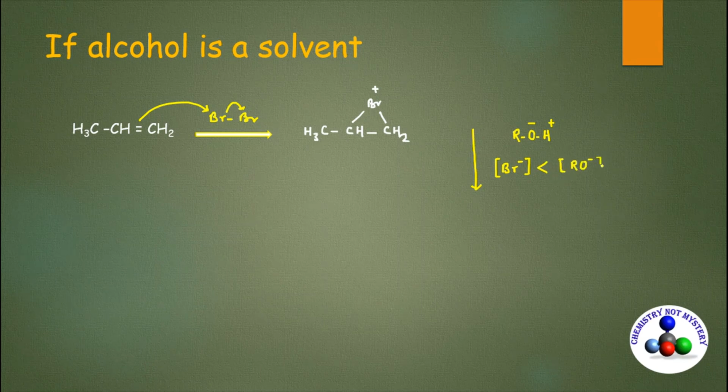As we are using alcohol as a solvent, RO minus will be in higher concentration. So it will react with the bromonium ion as a nucleophile. And according to Markovnikov rule, nucleophile RO minus will get attached to the middle carbon that has less number of hydrogens.